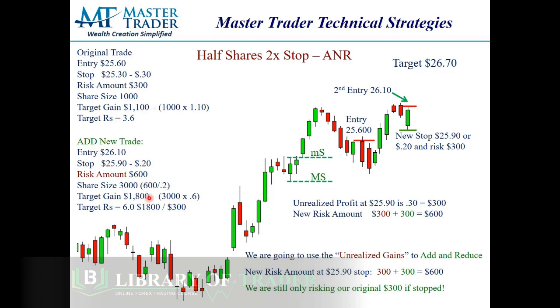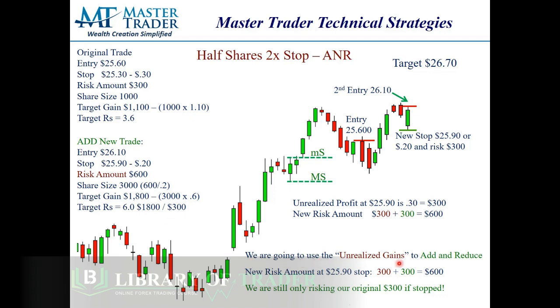Now we're going to say we have $600 to risk: 300 of the house's money, 300 of our money, so $600 to buy an additional 3,000 shares. Target gain $1,800, right? 3,000 times 60 cents. And our R's here would be 6 R's, or we're making 6 times our $300.